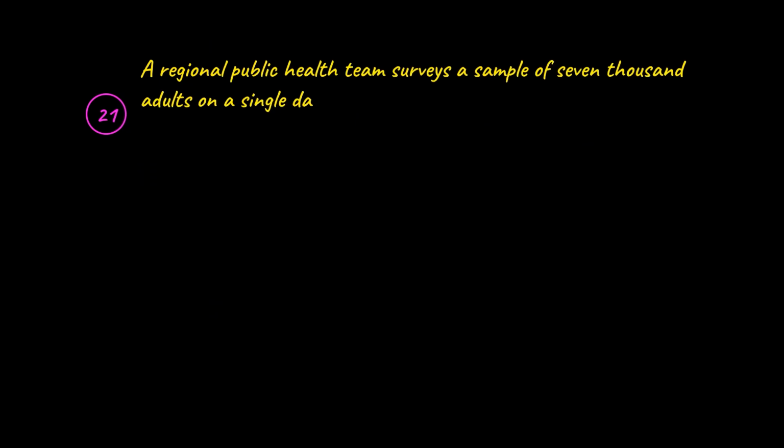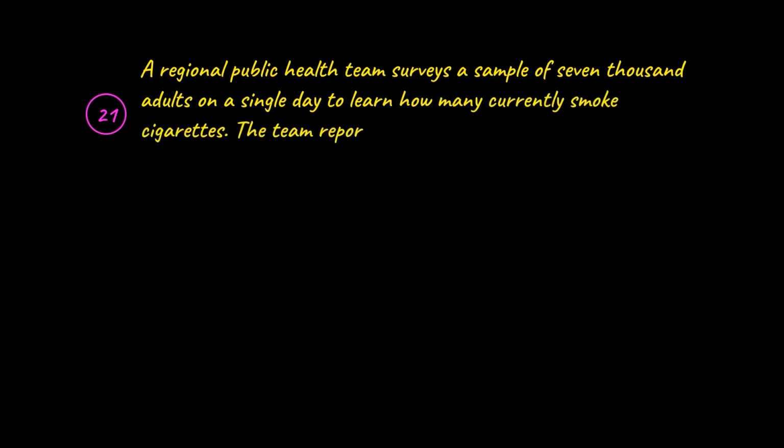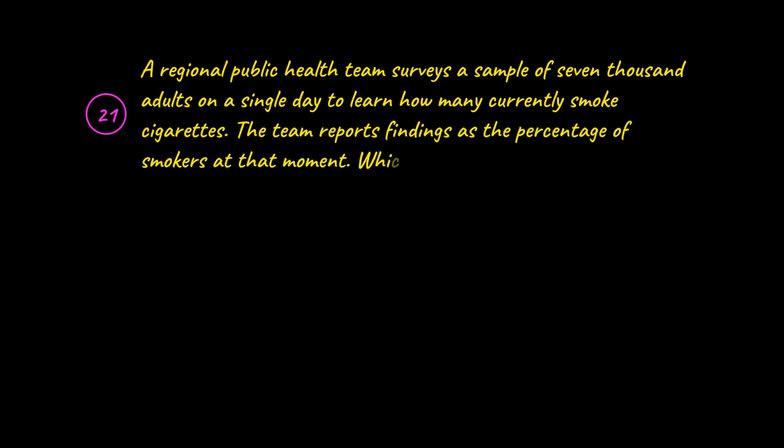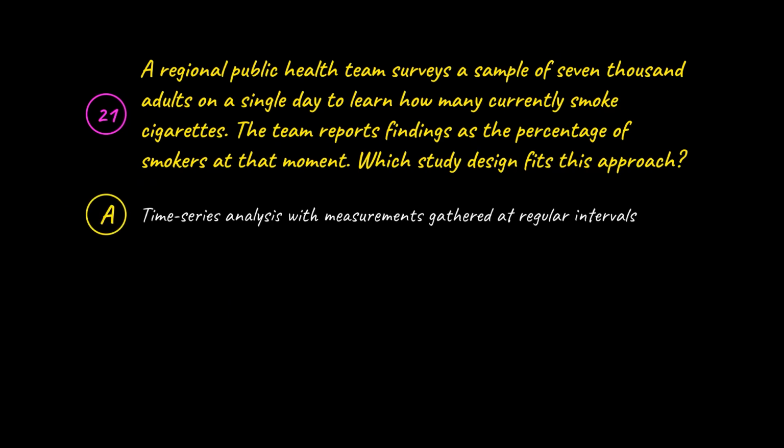Question 21. A regional public health team surveys a sample of 7,000 adults on a single day to learn how many currently smoke cigarettes. The team reports findings as the percentage of smokers at that moment. Which study design fits this approach? Your options are A. Time series analysis with measurements gathered at regular intervals.